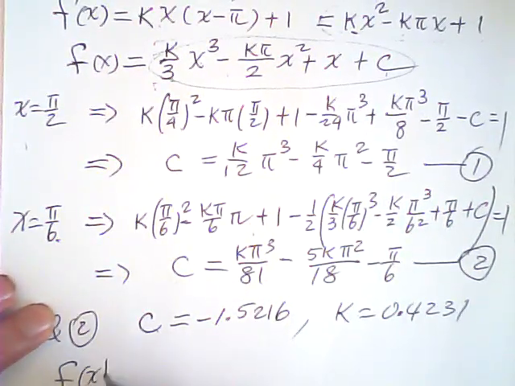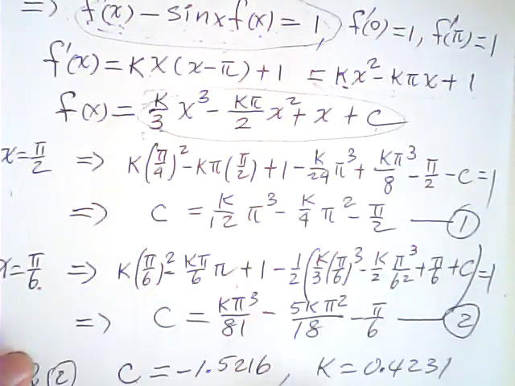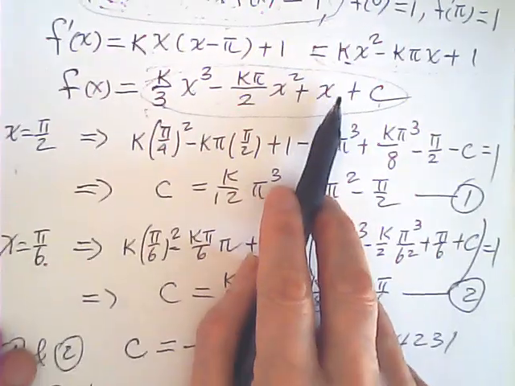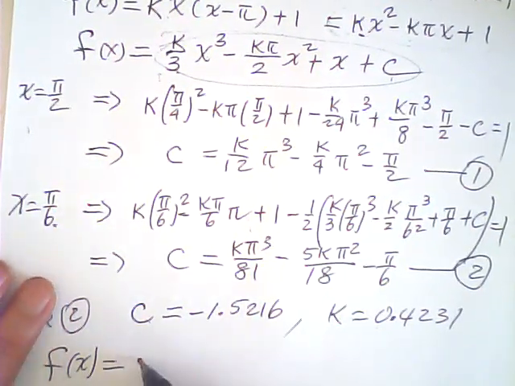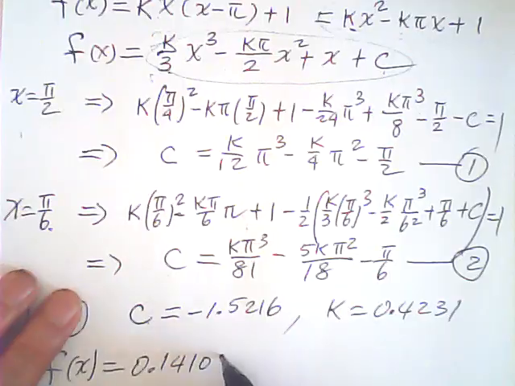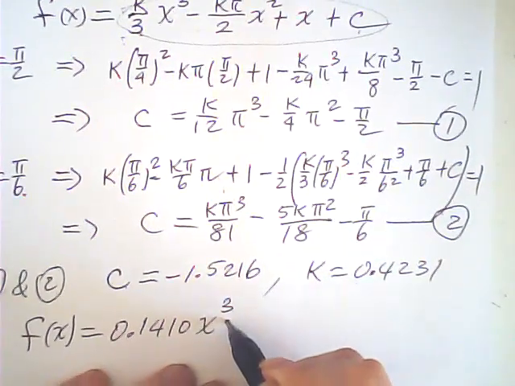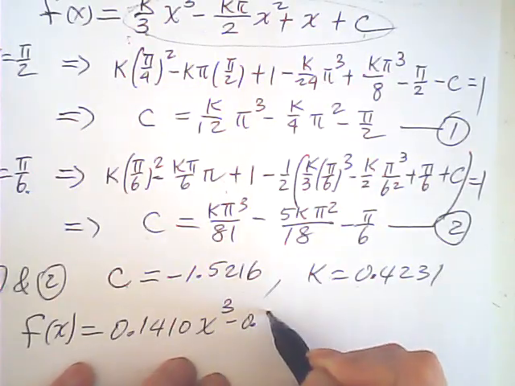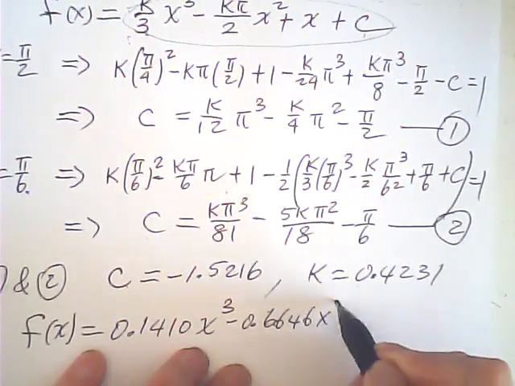By plugging c here and k there, we find f of x is equal to 0.1410 x cubed minus 0.6646.